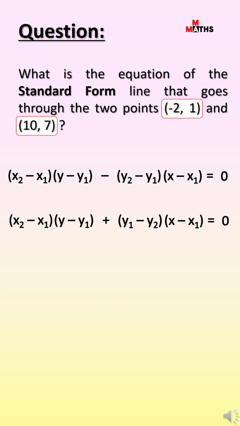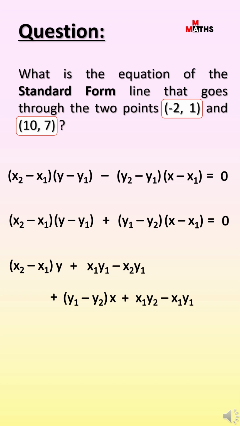Multiplying out, we get (x2 minus x1) times y plus x1 y1 minus x2 y1 plus (y1 minus y2) times x plus x1 y2 minus x1 y1 equals 0. Rearranging that into standard form, we have the coefficients of x and y and the constant.